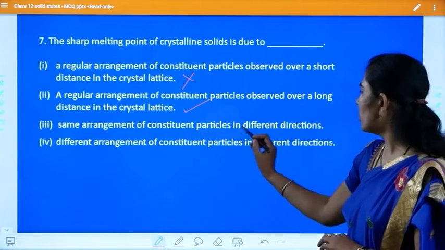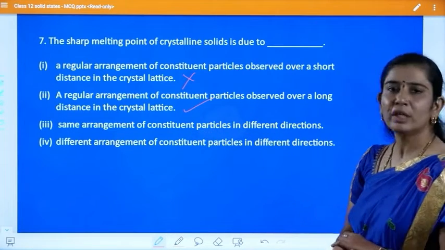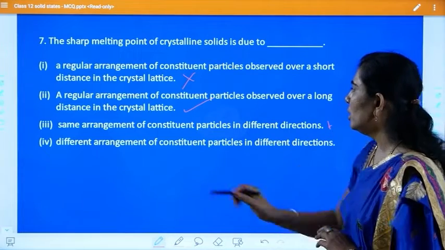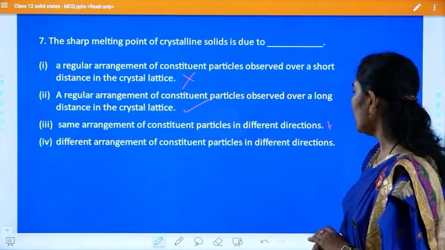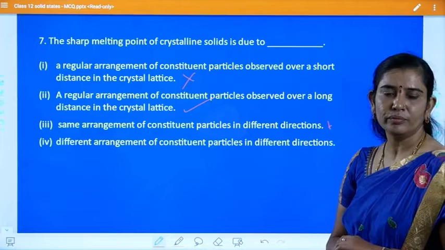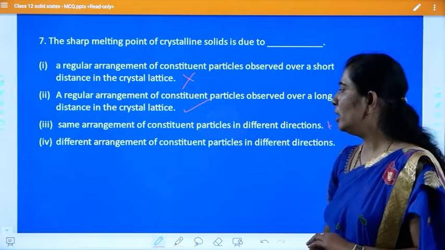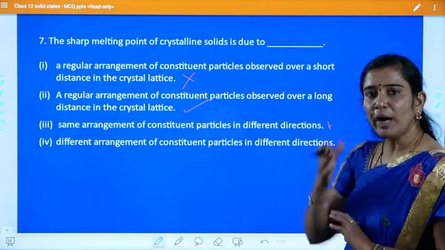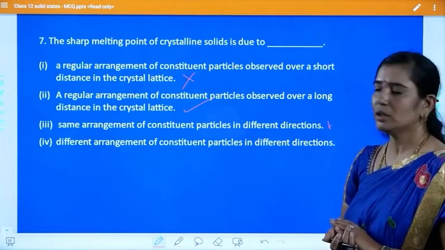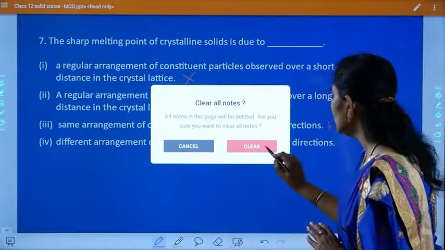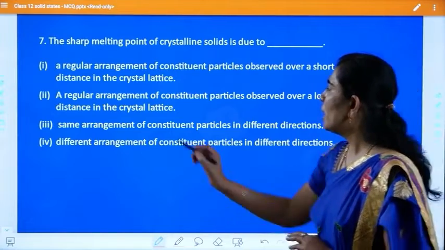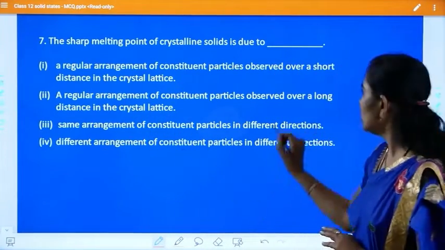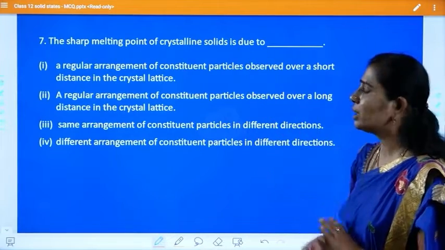Same arrangement of constituent particles in different directions, the pattern is not the same, so this is wrong. Different arrangement of constituent particles in different directions, no, not like that. Actually, in different directions only the pattern is going to change. So among these, the answer is the long-distance regular arrangement, and these other three are wrong with respect to crystalline solid.